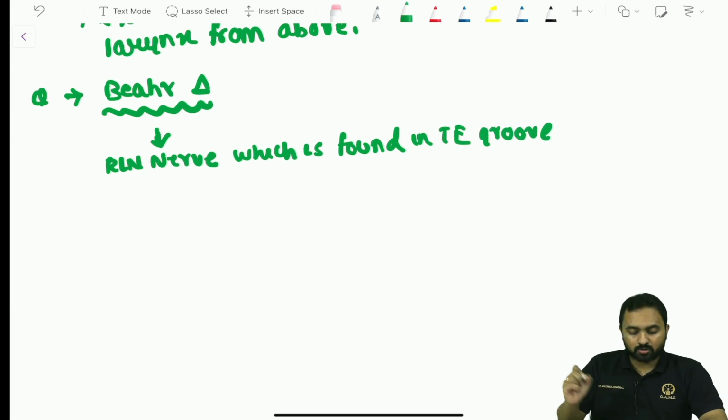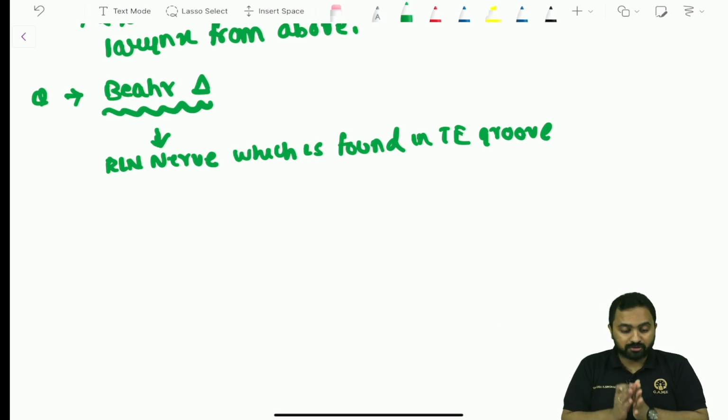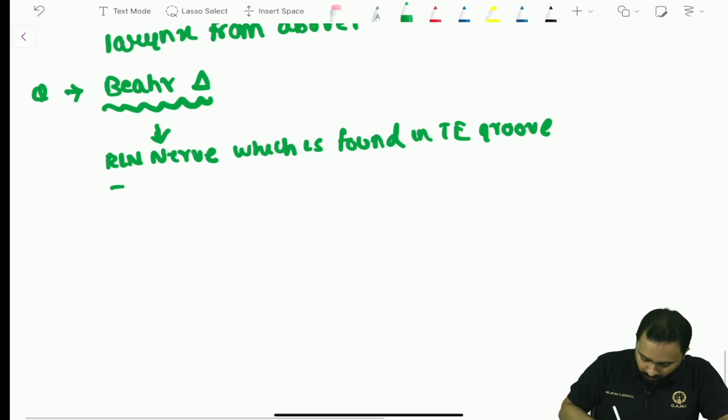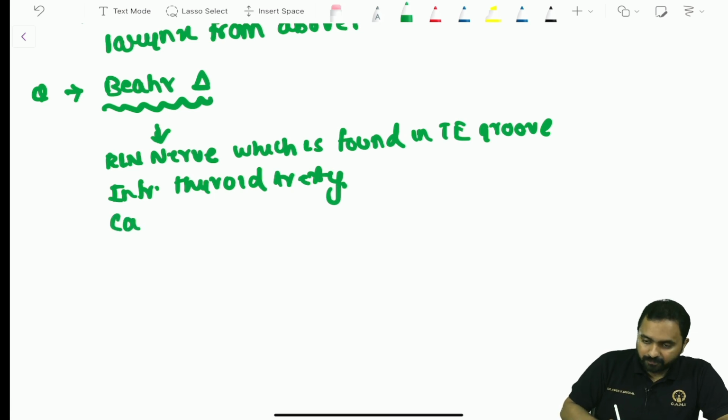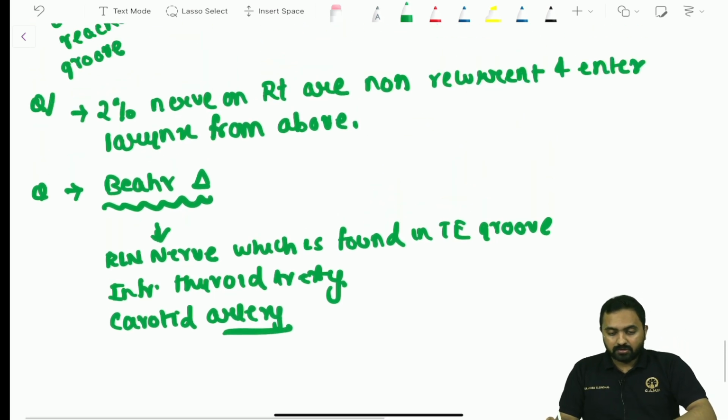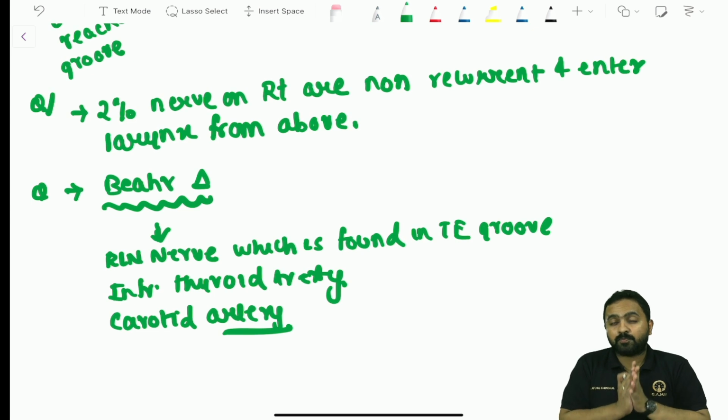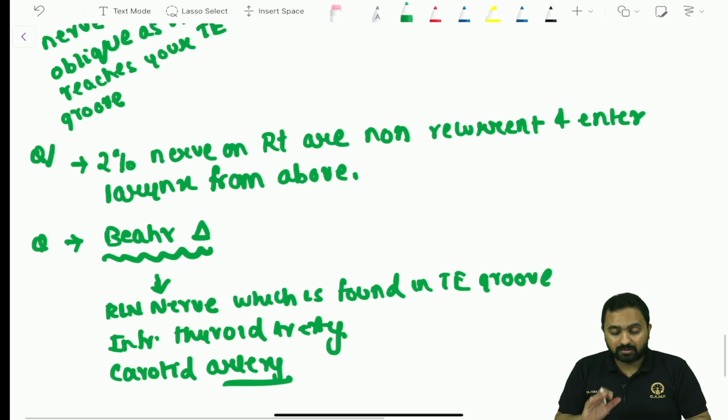Then the other two components of your Beer's triangle include your inferior thyroid artery and your carotid artery, right?